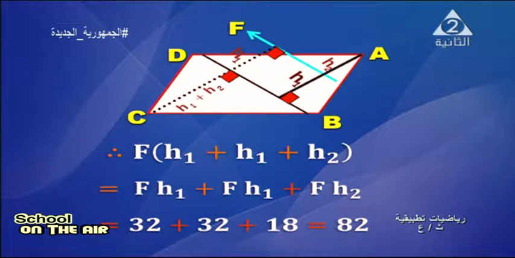We have the moment about A and the moment about B, and we calculate the moment about C. The moment about C equals F times the distance from C, H1 plus H2 plus H1, or 2H1 plus H2. From the given, to calculate the moment about C, 32 plus 32 plus 18 equals 82.